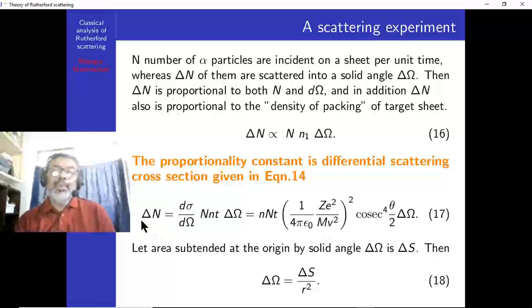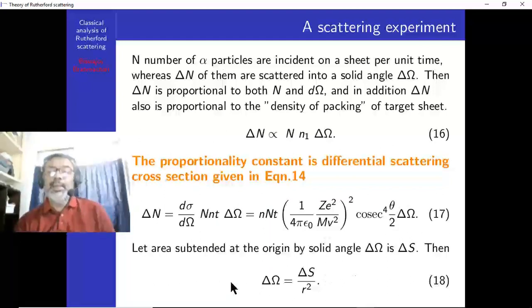So Δn is dσ/dΩ times N n t ΔΩ. Now let us substitute the value of dσ/dΩ. Then we get N n t, then this factor squared, cosec⁴ θ/2, dΩ.